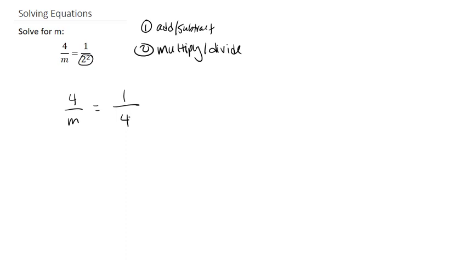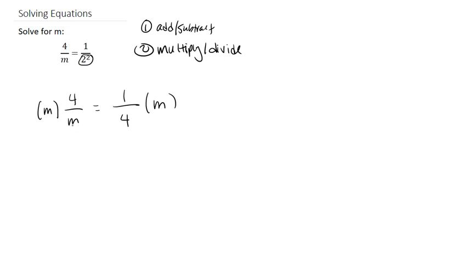Now, what we need to do is solve for m. And so how we solve for m is we get it all by itself on one side. And so the quickest way to do that would be to get m to the numerator. And so to do that, we're going to multiply both sides by m, because whatever we do to the one side, we do to the other.